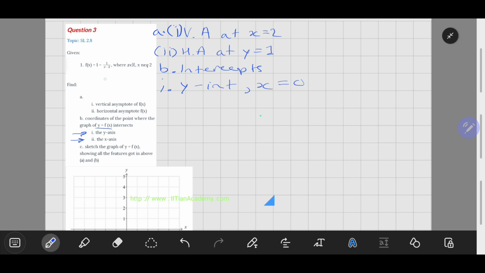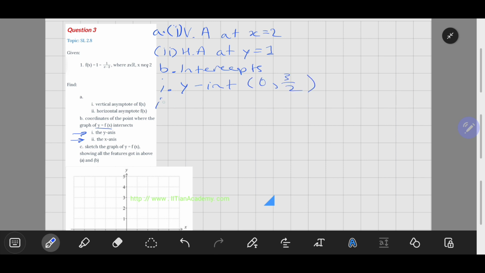When x is equal to 0, our function is 1 minus 1 over negative 2, so it's plus, and it just becomes 3 over 2. So our y-intercept is then (0, 3/2).